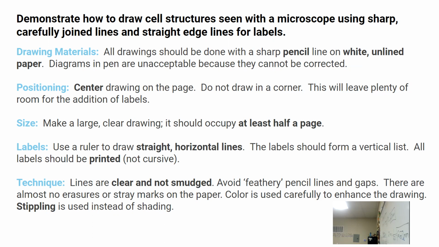The size should be about half a page. When we do an official drawing, different from the sketch you just did, I will give you a full sheet of paper, and you will draw in the middle, shooting for about the size of half a page. So you're not going to draw it on the top half. You're going to draw it in the middle.